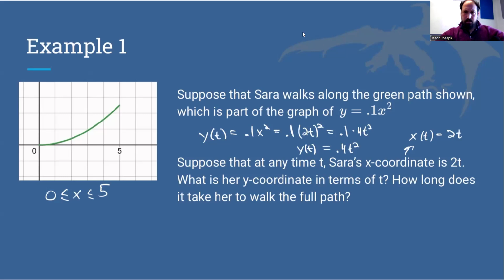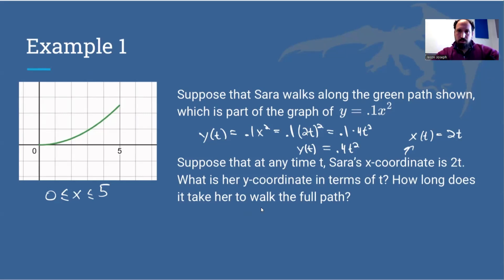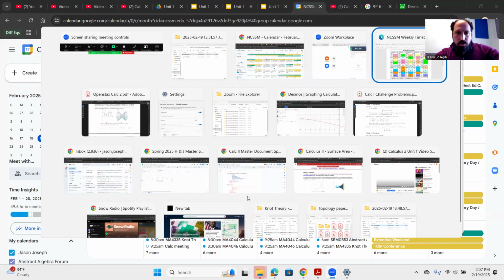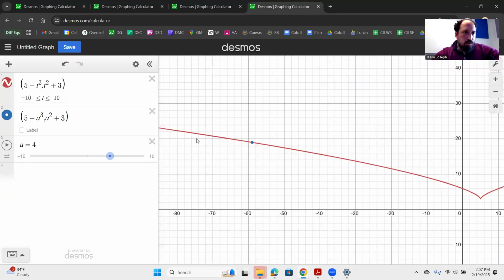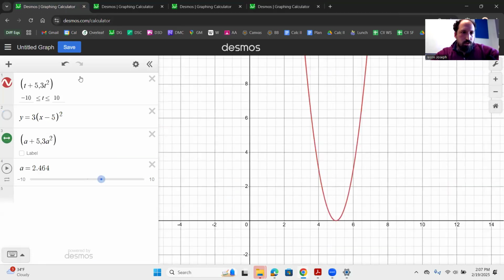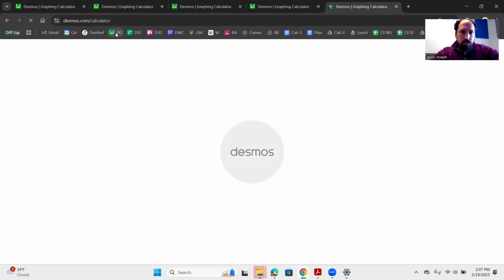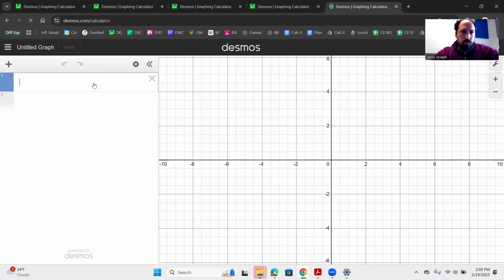Let's get into Desmos for a second and make a new graph. The way you can graph something like this in Desmos is you put x of t and y of t into an ordered pair.